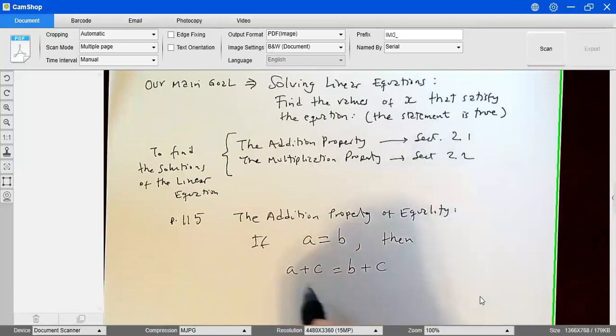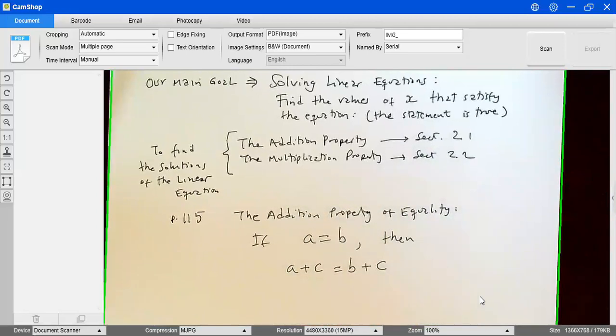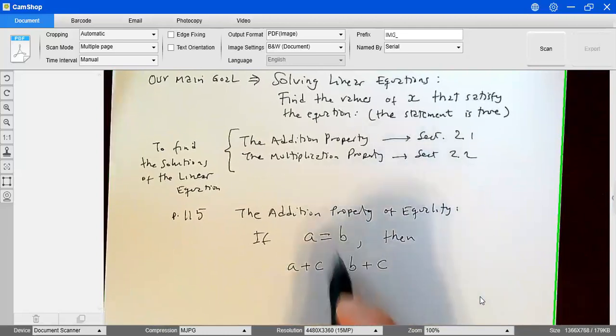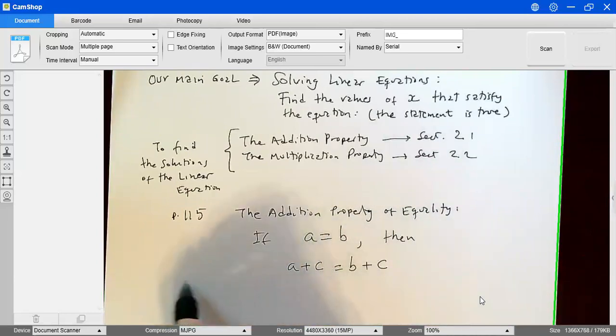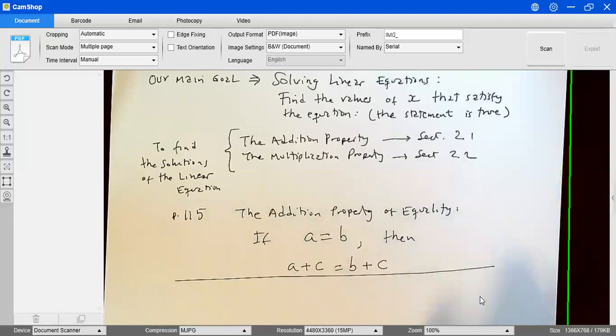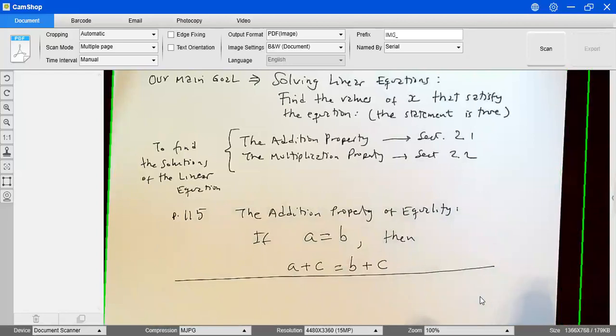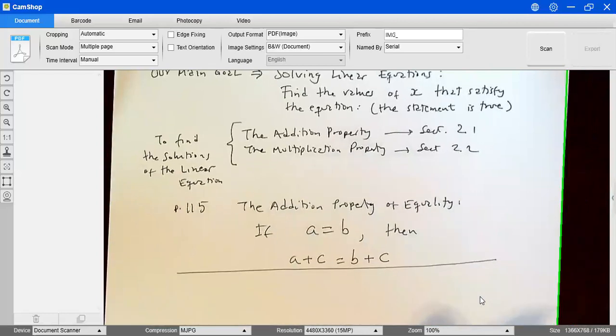The solution for this equation is going to be the solution for the other equation. So these two equations are equivalent because they have the same solution, and we're going to use this property usually to isolate the variable, because finding the solution of an equation is just isolating the variable on one side of the equation. You're going to see that now.